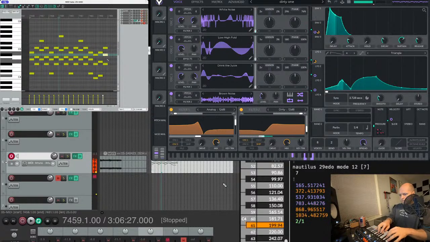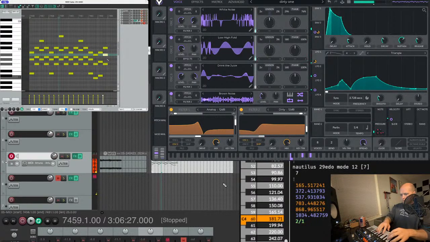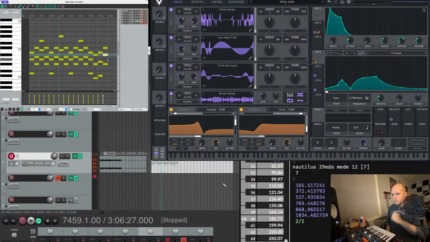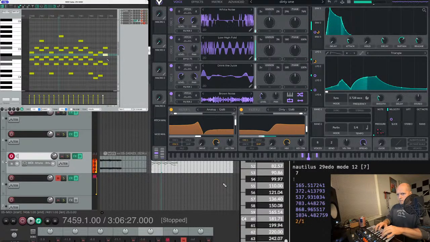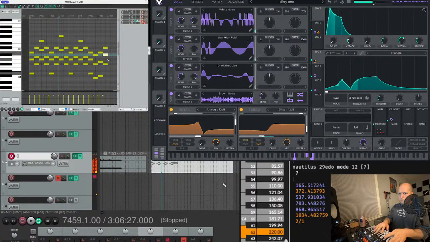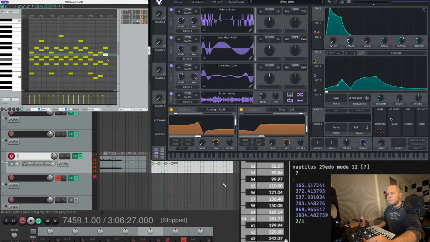That's the hardest part. So, alright. I'm thinking this will be more like just the backdrop chord kind of stuff.